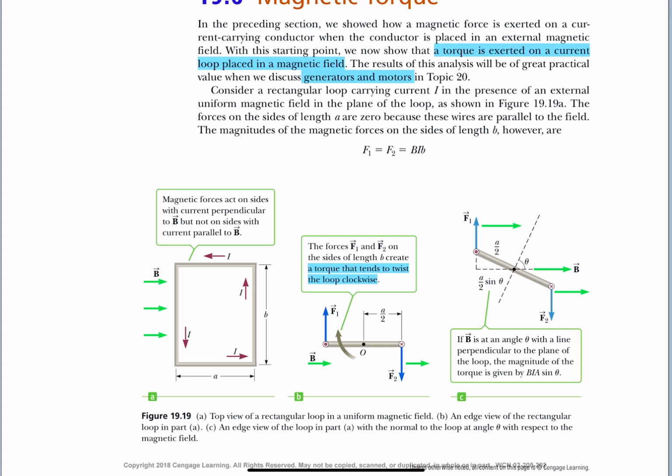So in picture A, we've got a loop, a square loop. The magnetic field is going from north to south. The green arrows tell you that's from left to right. And your current is going counterclockwise. Down on the left side, across at the bottom, upwards on the page on the right, and to the left at the top.